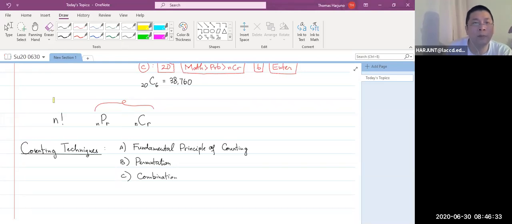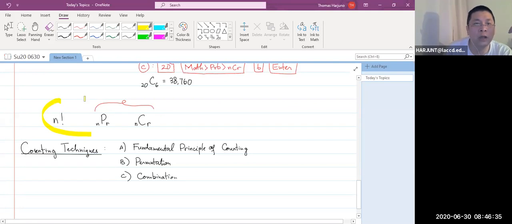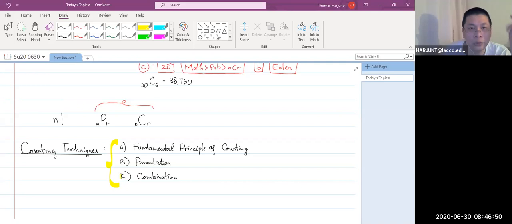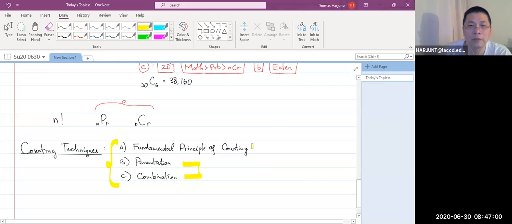If what we have above here are the notation and how to use the calculator, then what we have here are conceptual tools we use to do some basic countings. And I say basics because in the long run, you will see we may encounter a situation where I need to combine permutation and combination, and then after that combine with fundamental principle of counting.